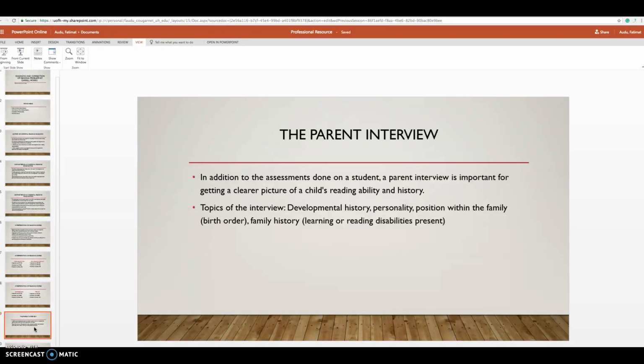So that's also important because in one of the case studies they gave for the parent interview portion, we had a child that was struggling in the classroom, had their parents come in, and the father was a professor and the mom was a nurse. They were going over the interview, and they found out that the father throughout high school struggled with reading and learning in general, and he was just a below average student, which is very cool in itself because he went on to be a professor, so I love that part.